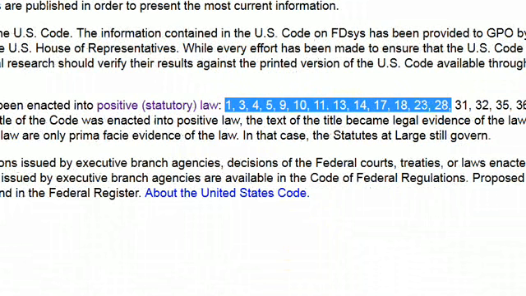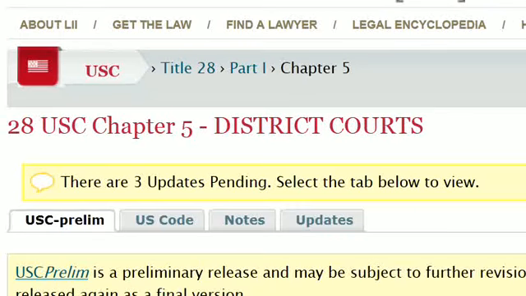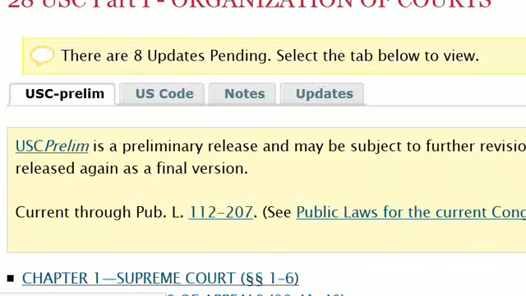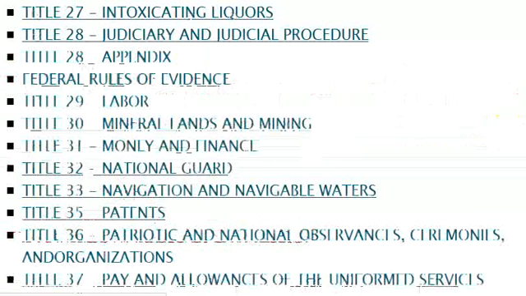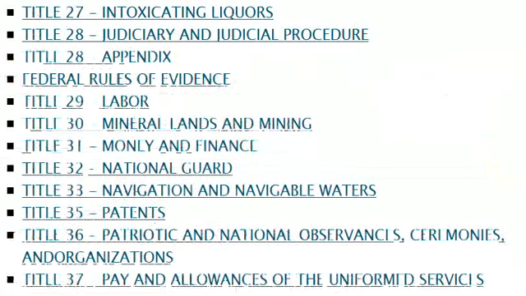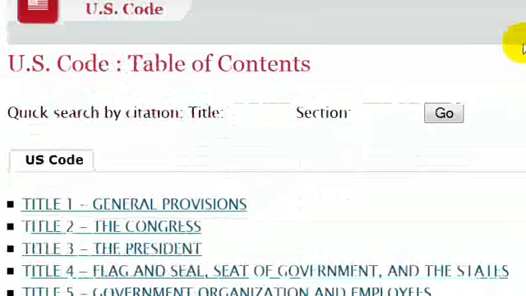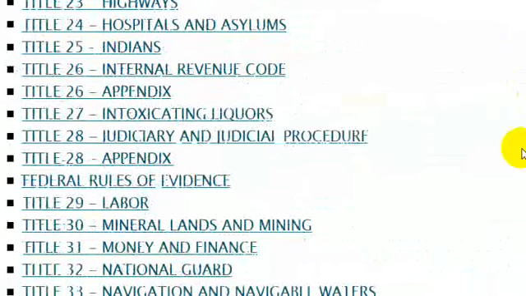Well, what is Title 26? Let's go over here to Cornell University Law School. And let me go back here. I was looking up some other things. Let's go back. Okay. Alright, so we're at the table of contents for the United States Code. You scroll down here, it's in sequential order.